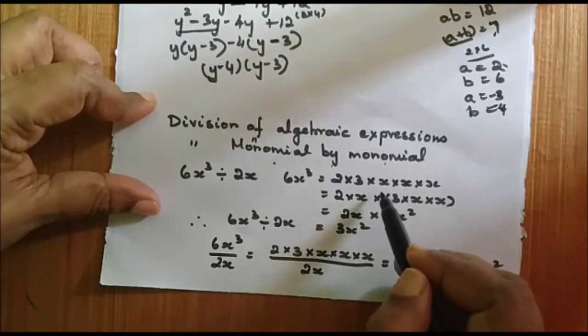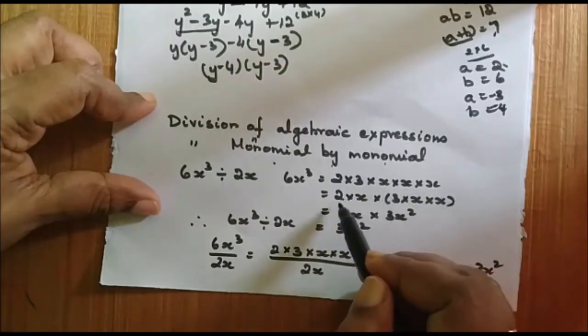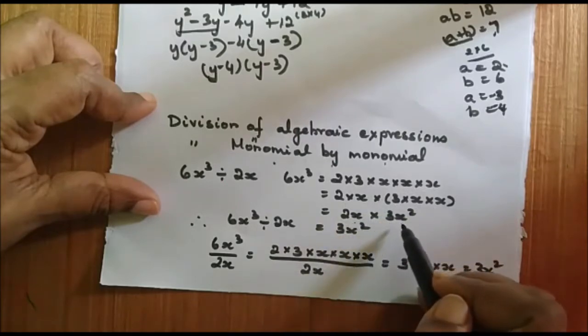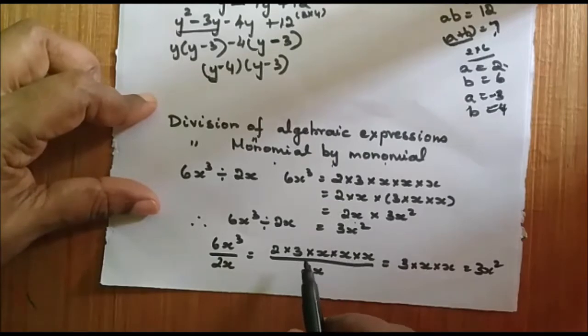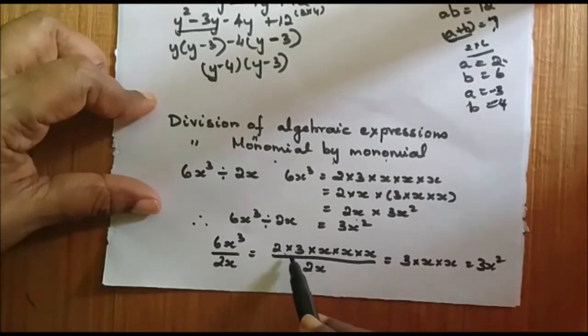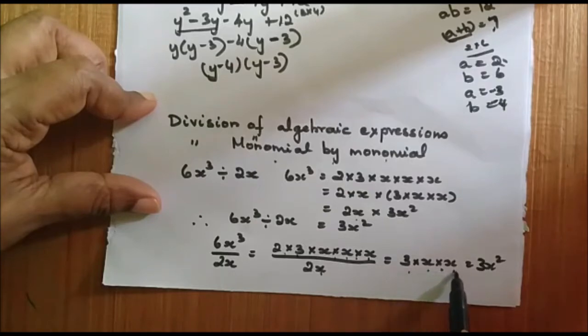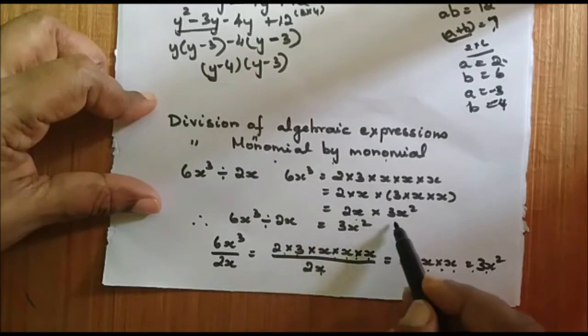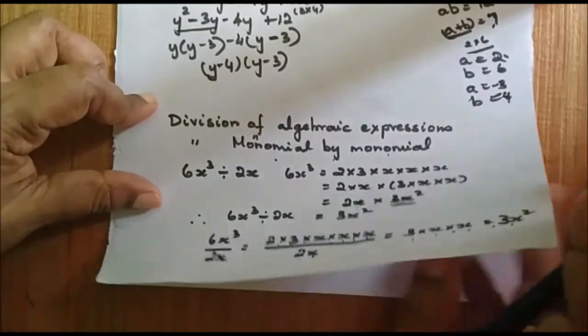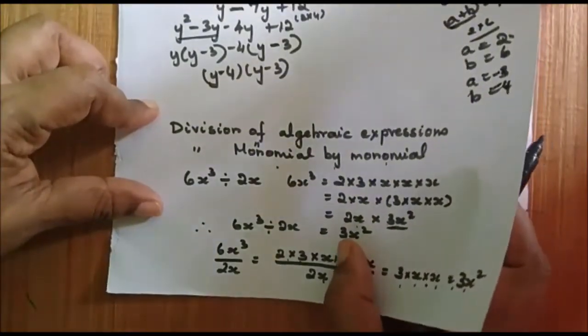Divided by 2x, this is nothing but 3 into x into x, which is equal to 3x squared. This 2x will get cut. The remaining is 3x squared. This is how we divide a monomial by another monomial.